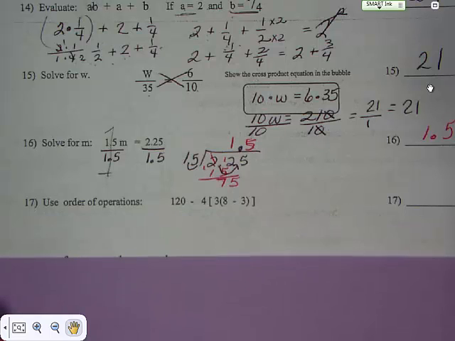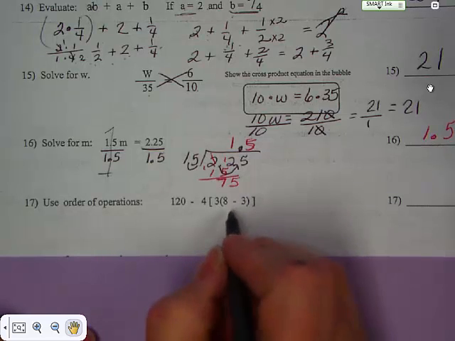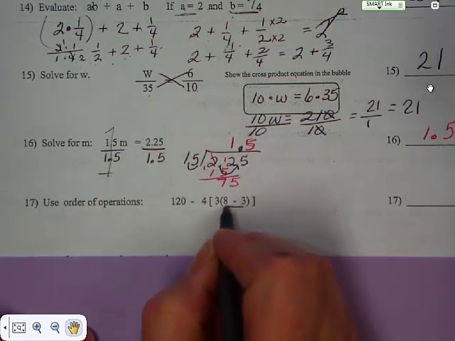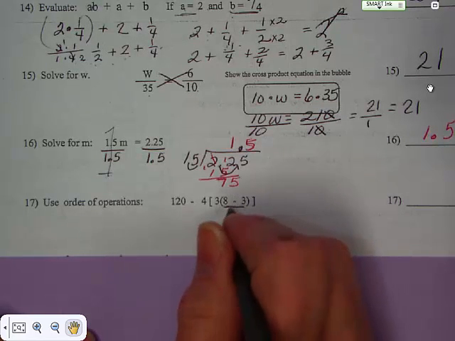Okay, it says use order of operations to solve this problem. So that means that we go in as deep into the problem as we can. We have this first set of parentheses right here. So that's the first set we're going to deal with.